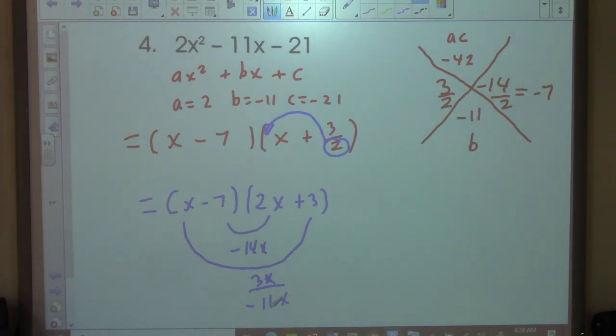No, I got that. I have 2x minus 3, then x plus 7. I'll show you that's not going to work. Here's x plus 7, and here's 2x minus 3. 2x plus 7, and then x minus 3.